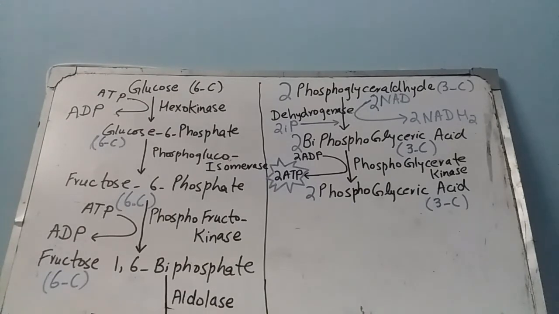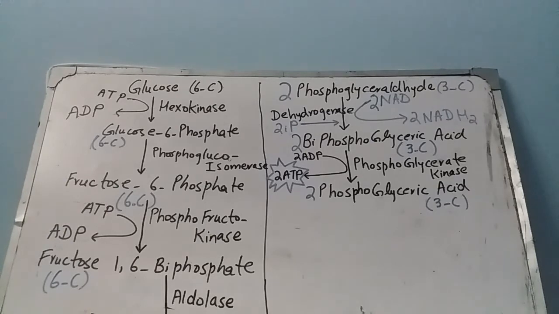In the next step, with the help of an enzyme phosphoglycerate kinase, the biphosphoglyceric acid gives one of its phosphate groups to ADP and results in the formation of ATP. And the biphosphoglyceric acid converts into phosphoglyceric acid.